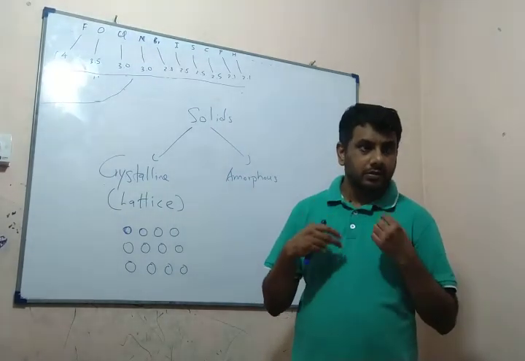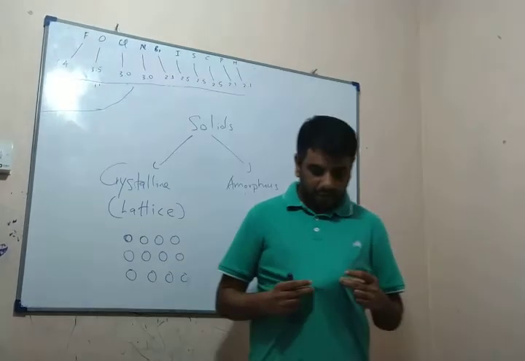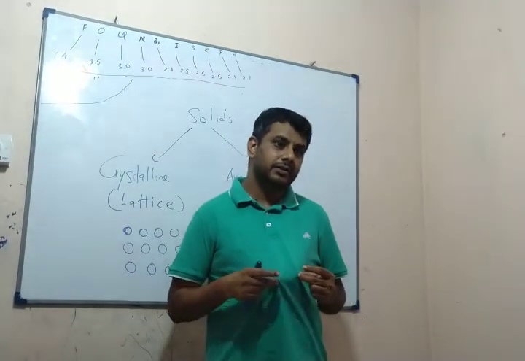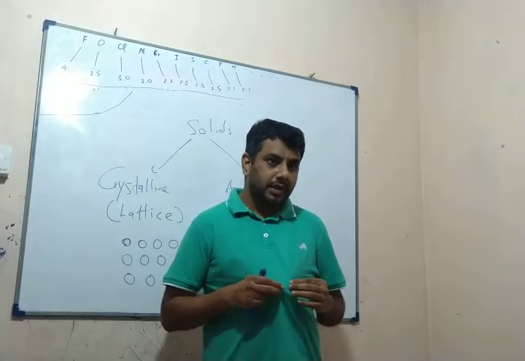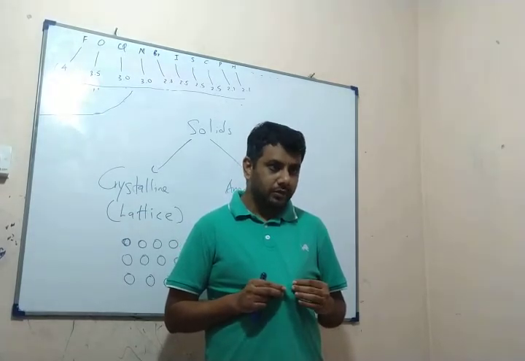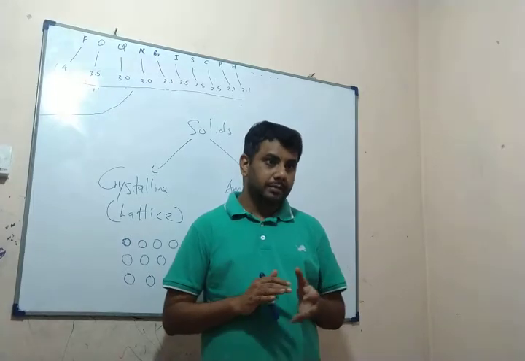What are the examples of cellulose? Cloth, right? Cotton. Are these crystalline solids or amorphous solids? Amorphous solids, as they are polymers. Cotton is cellulose, and silk is a protein.